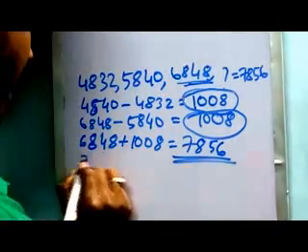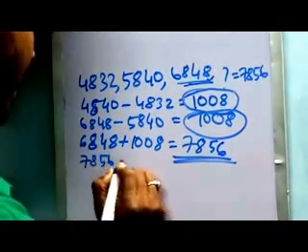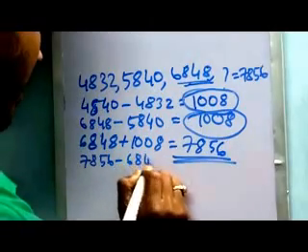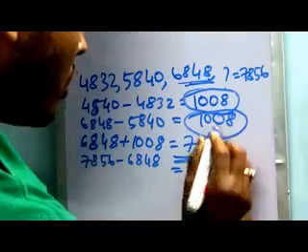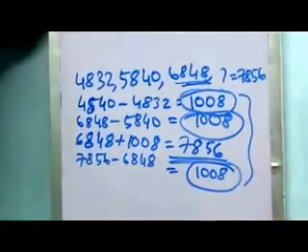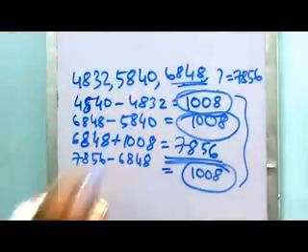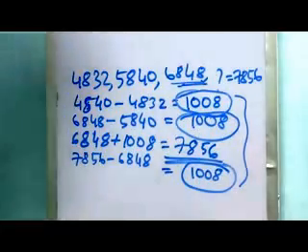Now 7856 minus 6848 equals 1008. So that remains constant, to keep the logic intact. Okay.